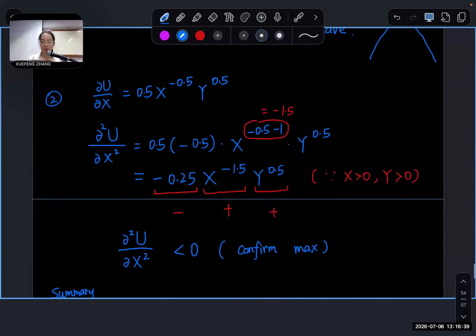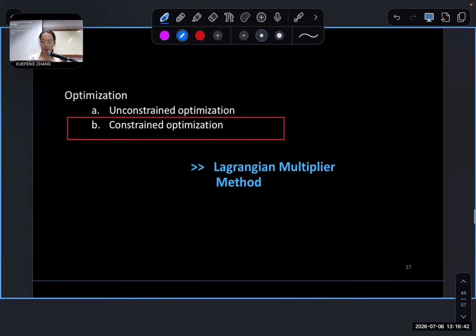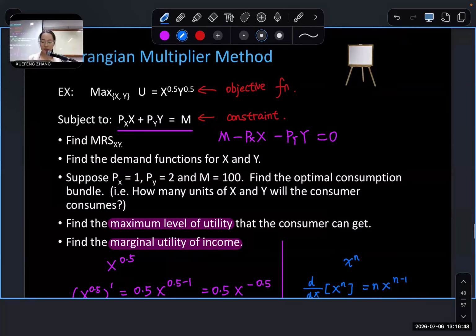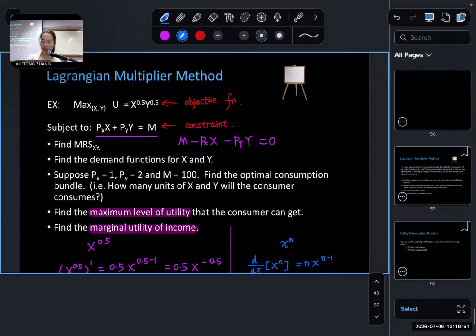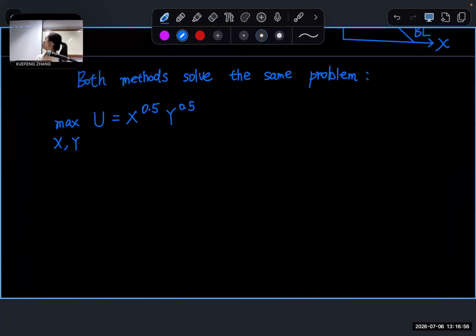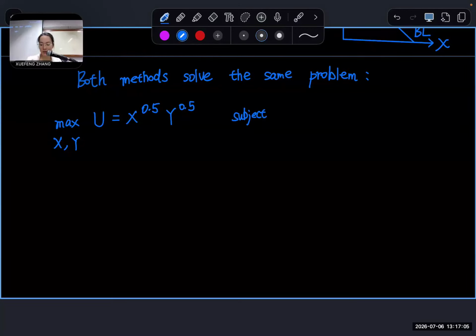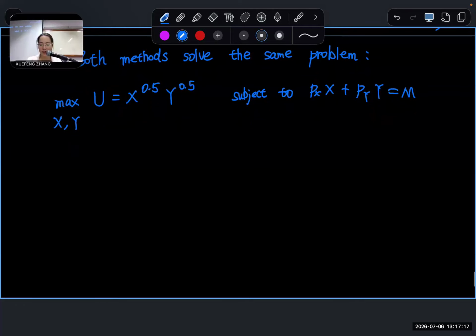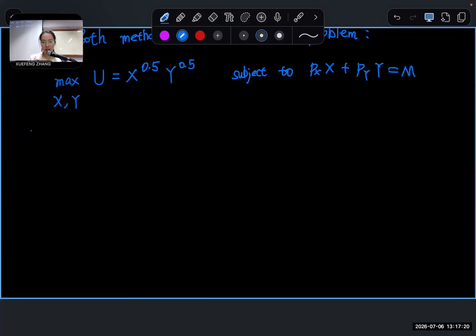I'm continuing with this question, but here I'm going to show you another method, which is MRS. We want to maximize, subject to our budget constraint: price of x times x plus price of y times y equals m. For the MRS method, we are going to use the MRS.